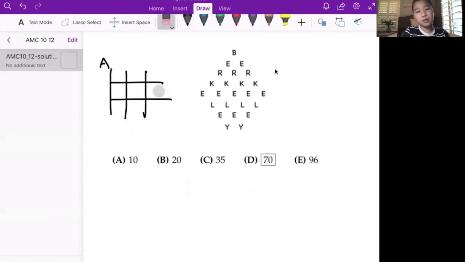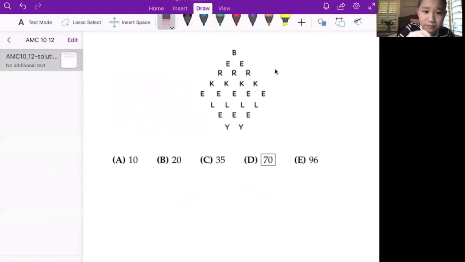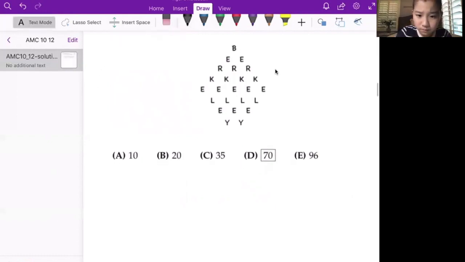So how can we do something similar like that? What you should do is make this into a horizontal thing. This thing is kind of slanted.